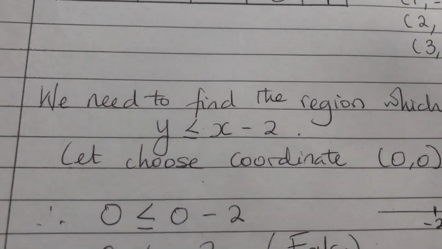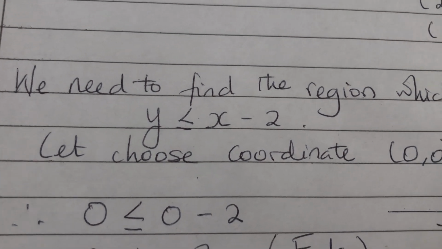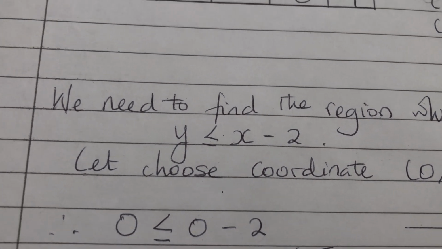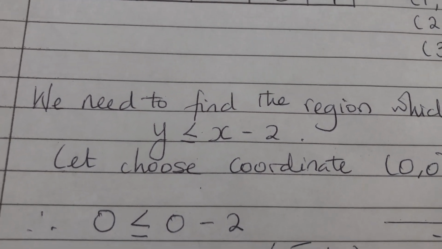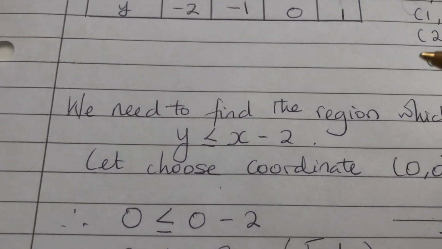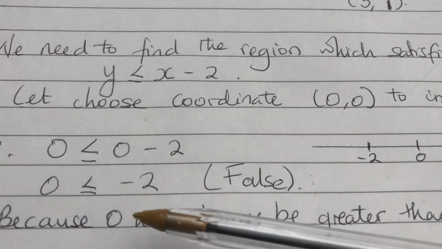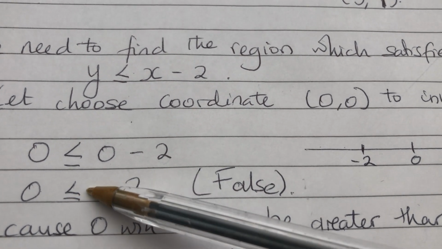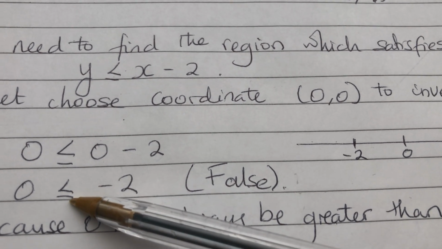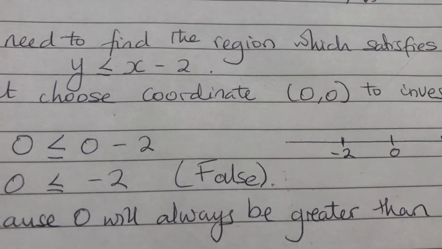If (0, 0) is part of the line, then I'll choose (1, 1) or something simpler to help me. So I choose the coordinate (0, 0), and I got 0 is less or equal to minus 2, which is false.